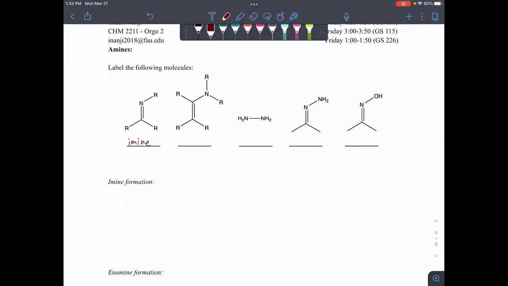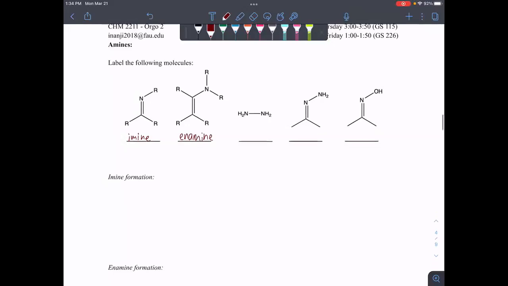The second one is called an enamine. This is when the double bond is not directly attached to the nitrogen, it's on one of the side carbons. And you can see that the double bond is on the more substituted side. Whenever you're forming enamines, you're going to put the double bond where it's going to be the most stable. This third one is called a hydrazine.